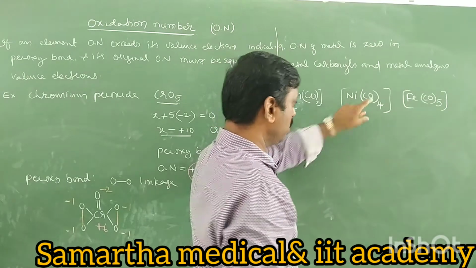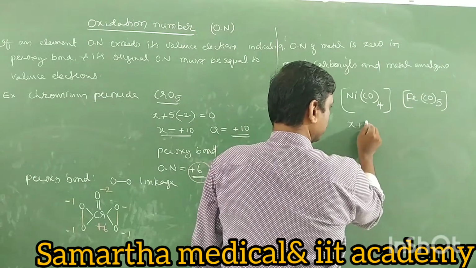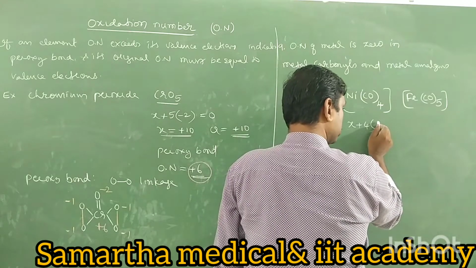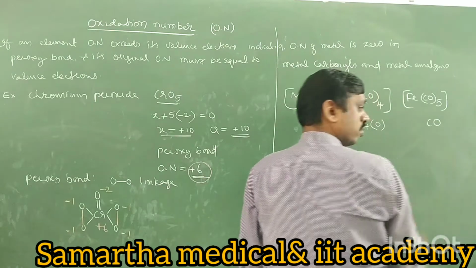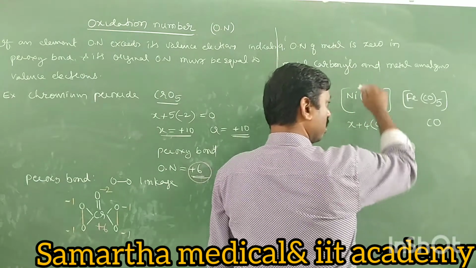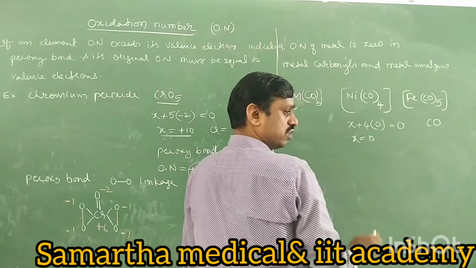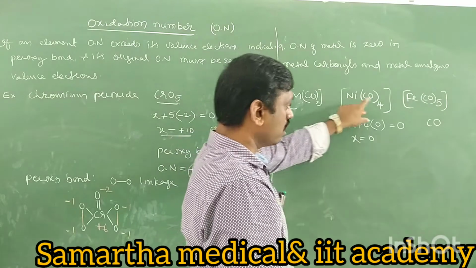Carbon monoxide is neutral. Very good. So here nickel is X. There are 4 carbon monoxide. What is the oxidation state of 1 carbon monoxide? 0. Carbon monoxide is a neutral molecule. Then the sum of the oxidation states is always 0. Then X equals 0. Therefore, in all metal carbonyls, the metal carries 0 oxidation state.